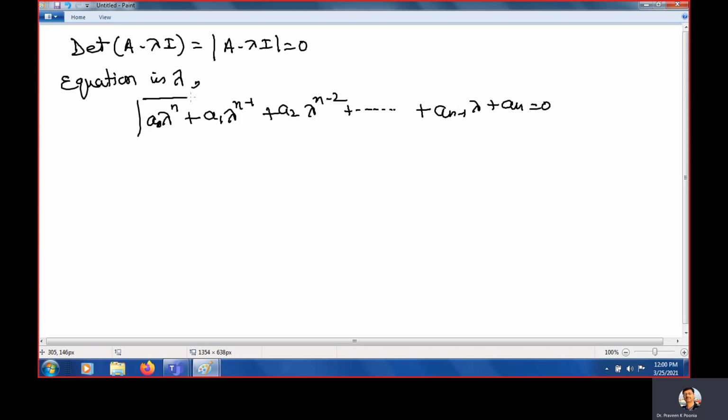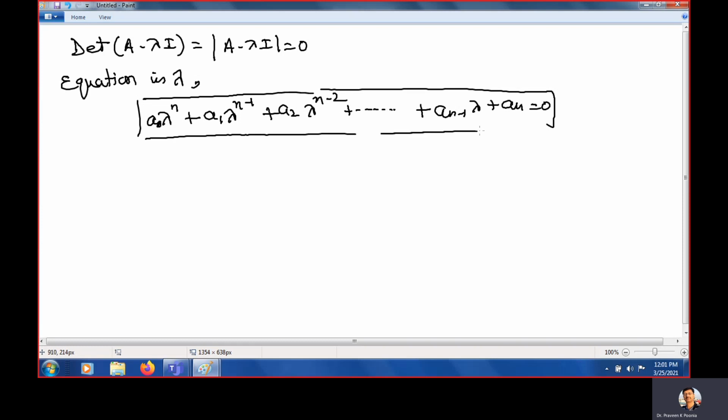This is the characteristic equation, which we get after expanding this determinant equal to 0.